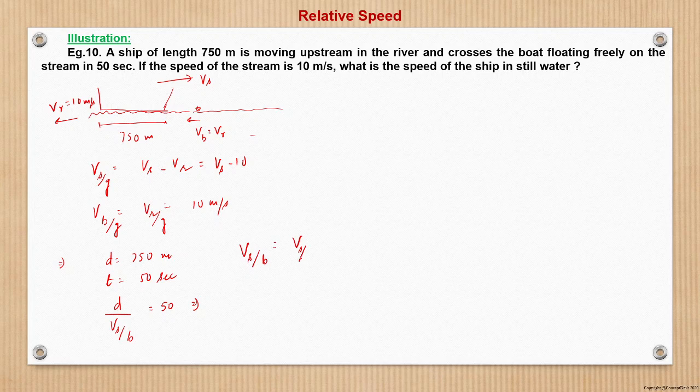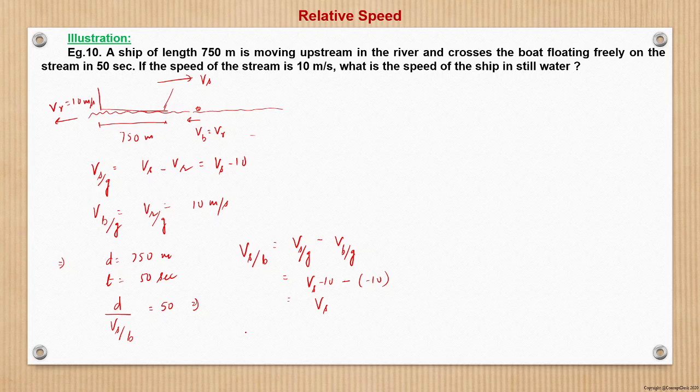This is nothing but velocity of ship with respect to ground minus velocity of boat with respect to ground, right? And since here both are moving in opposite direction, ship is Vs minus 10 and boat is 10, but this will be minus of minus 10 because this is in opposite direction. So this becomes Vs, right?